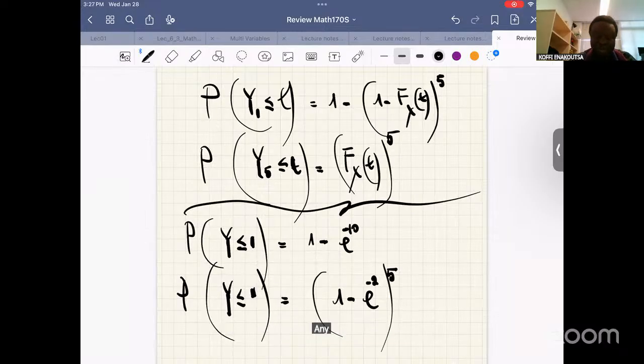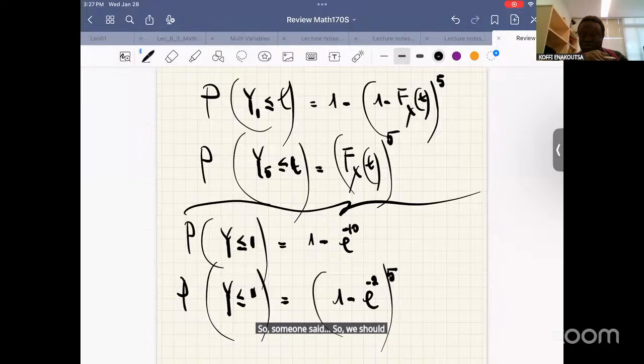Any question? Let me see the chats. So someone said we should be able to do this differentiation to get the result. What do you mean, my friend? Isn't there a factor 2 in the initial equation?